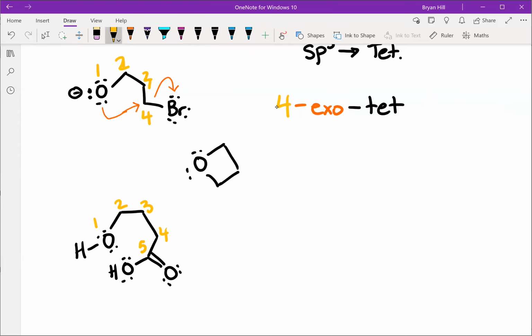Okay, the hybridization of carbon number 5. The way that this reaction is going to work is this is going to attack that carbon, and these electrons are going to move out.